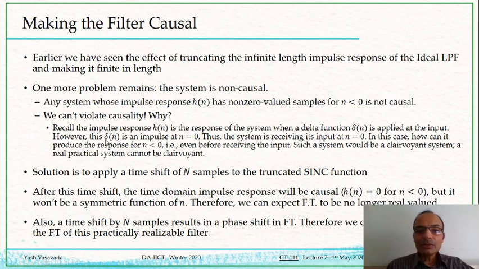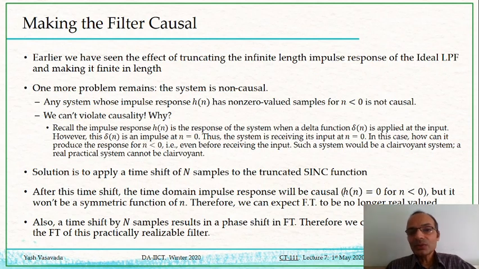Now, the delta function delta of n is an impulse at n equal to 0. So what it means is that we are exciting the system, giving an input to the system at n equal to 0, and that is the only time we are giving the input. We are not giving the input before n equal to 0 and we are not giving any input after n equal to 0.